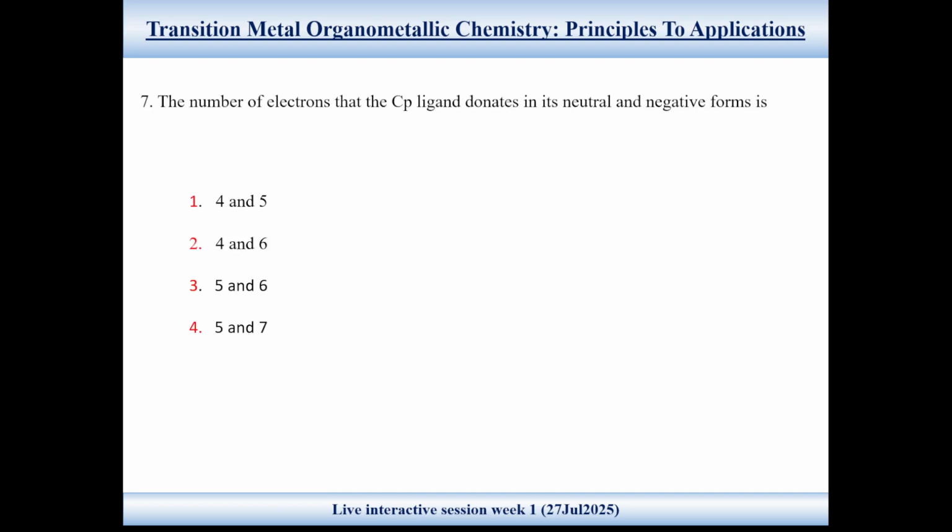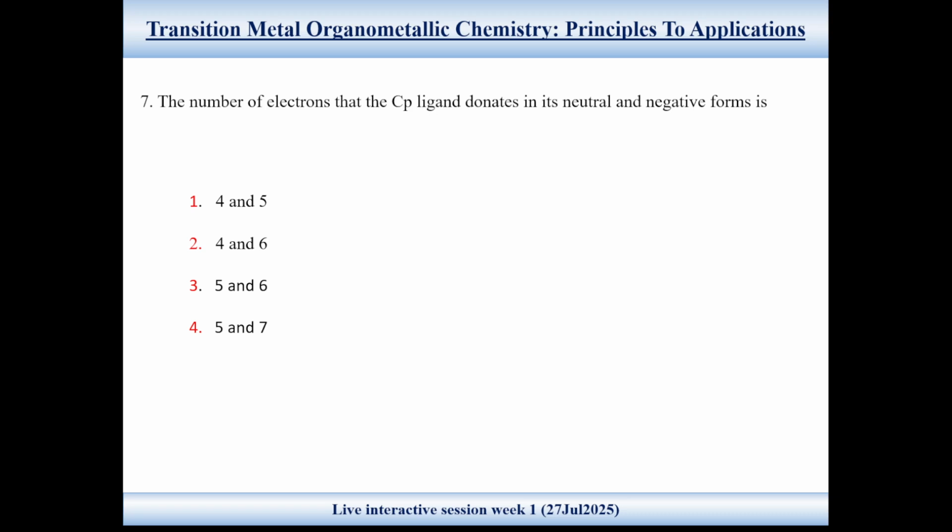The next question: the number of electrons that the Cp ligand donates in its neutral form and negative form is? That's why in the last question I asked you to do it in the ionic method also. You have to know both methods.